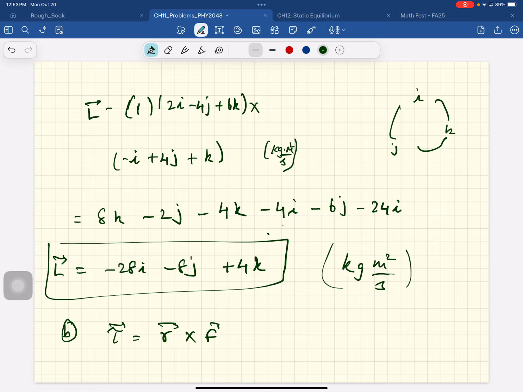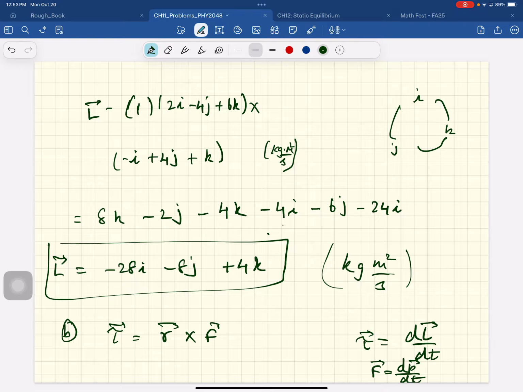And then Newton's second law will be good. What is Newton's second law for rotational motion? Torque is dL by dt. This is the parallel of Newton's second law, where force is dP by dt.